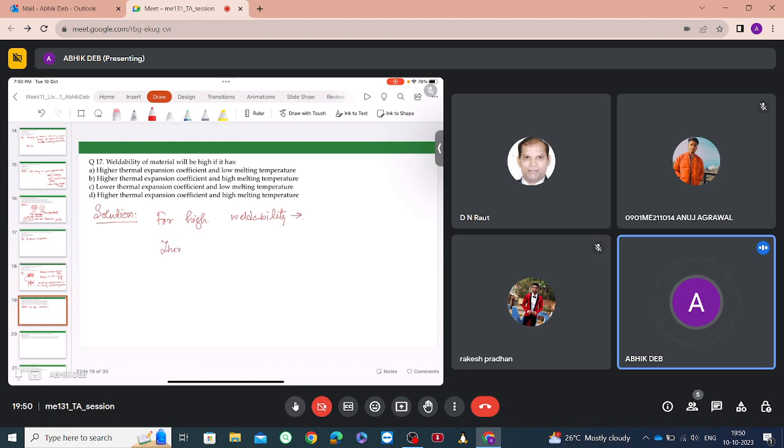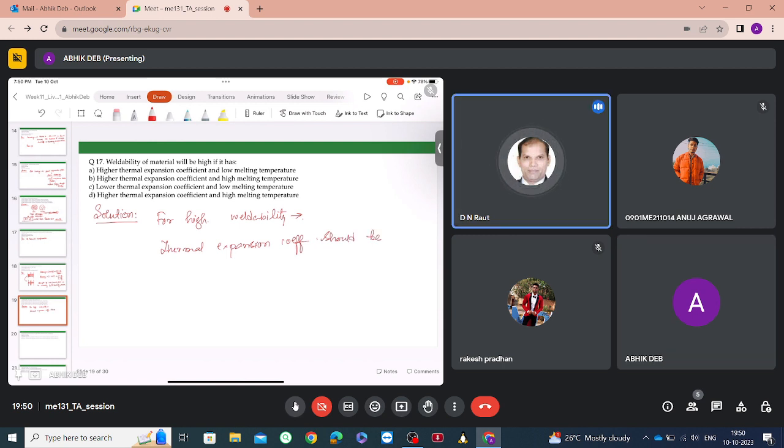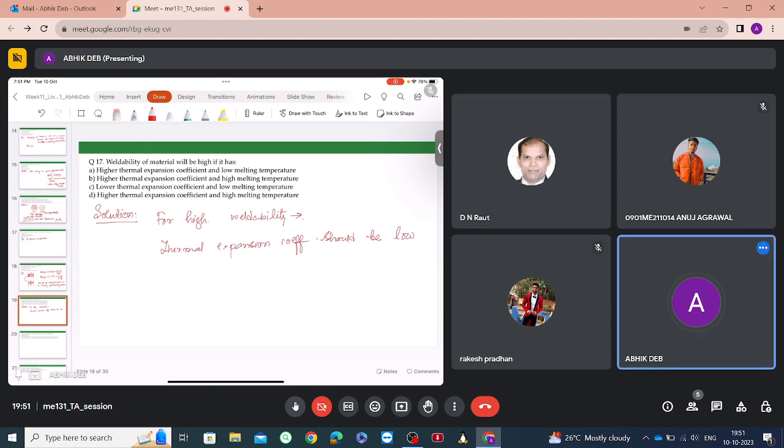Thermal expansion coefficient. And what about the melting temperature? If it's low, then temperature is also low. Yeah, obviously. If the melting temperature is low, then that means lesser heat is to be supplied.